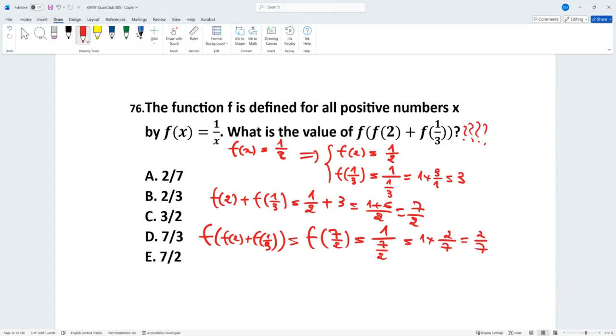So 2 over 7 is the answer to the question. So that was question 76.